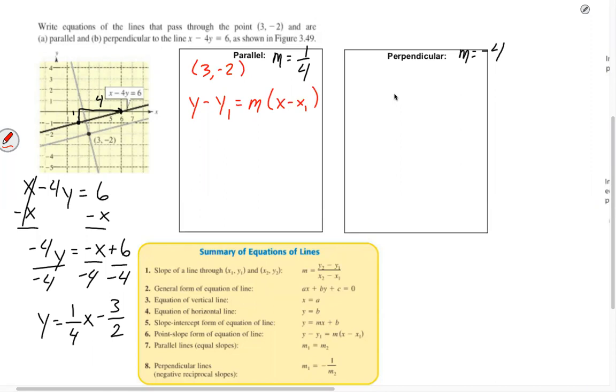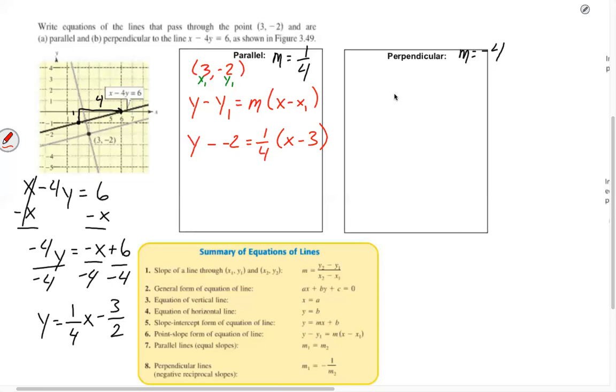You guys remember that? Yes, sir. And remember I said it would come in handy at times? Kind of comes in handy in this problem. So now I'm going to label my point, which is x1, y1, and my m's already labeled. So I'm going to write y minus a -2 equals 1/4 times x minus 3.